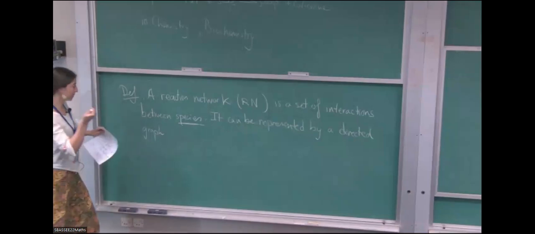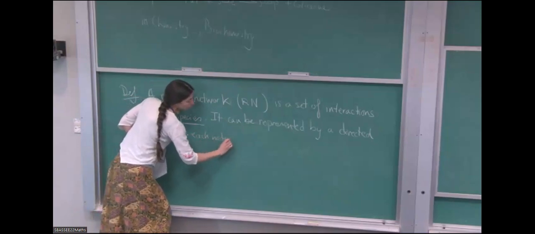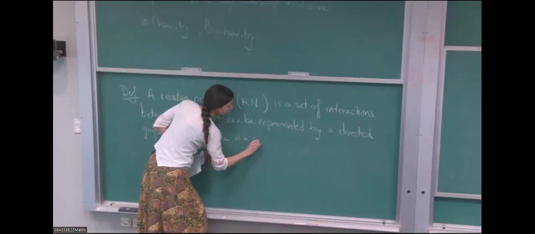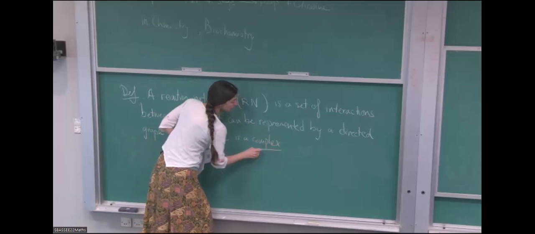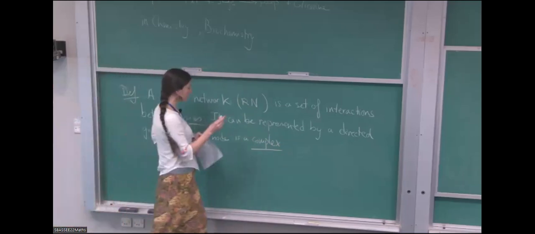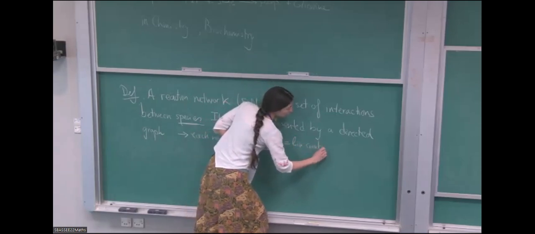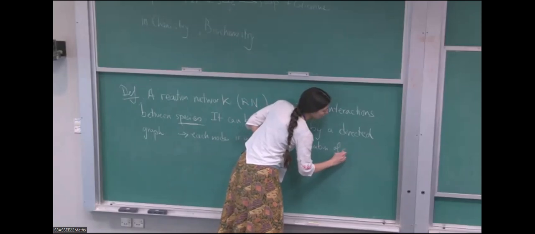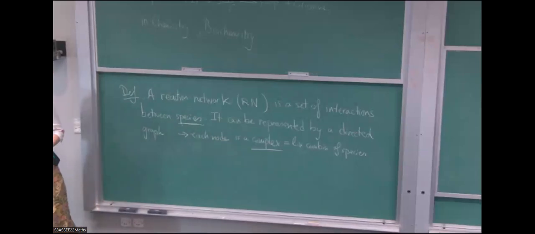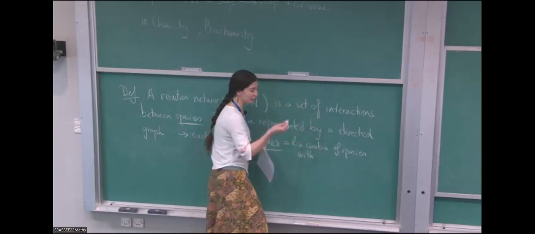Where each node represents a complex. And a complex is nothing but a linear combination of the species, with integer coefficients. Actually, non-negative integer coefficients.